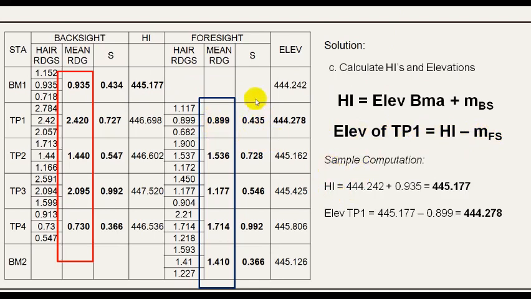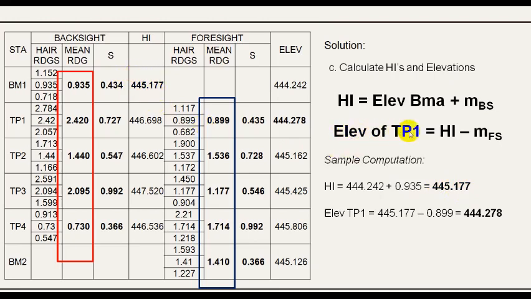For HI, first is the elevation of the known benchmark, 444.242, plus the mean reading on the backside. The mean reading on the backside for benchmark 1 is 0.935, which equals 445.197. We place this in the cell.